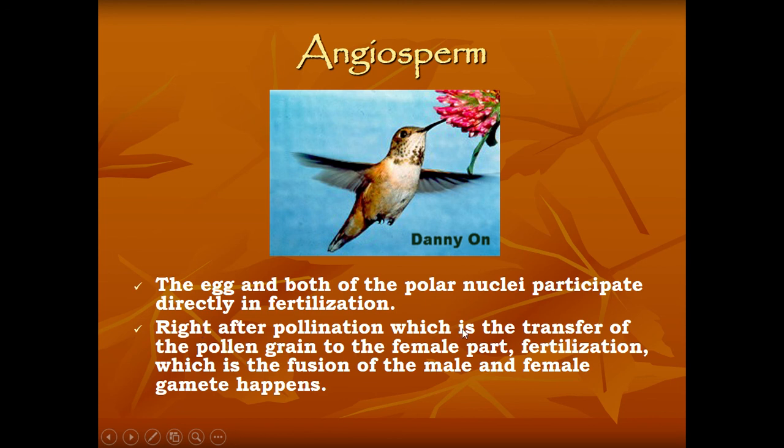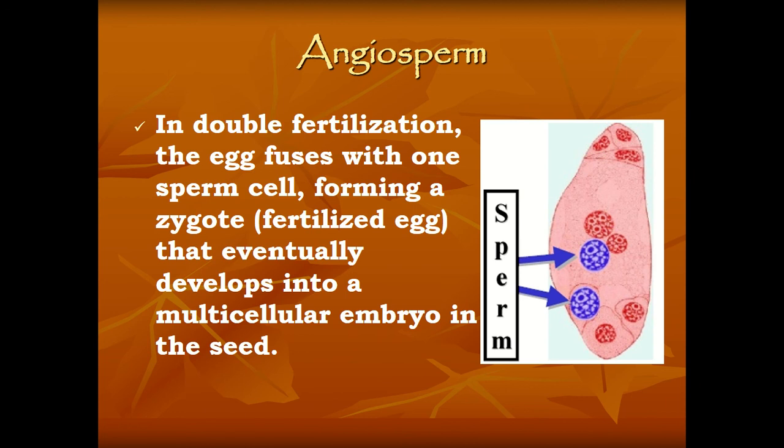After pollination, which is the transfer of pollen grain to the female part, fertilization will occur, which is the fusion of the male and the female gamete. In double fertilization, the egg will fuse with one sperm cell from the generative cell and produce a zygote.